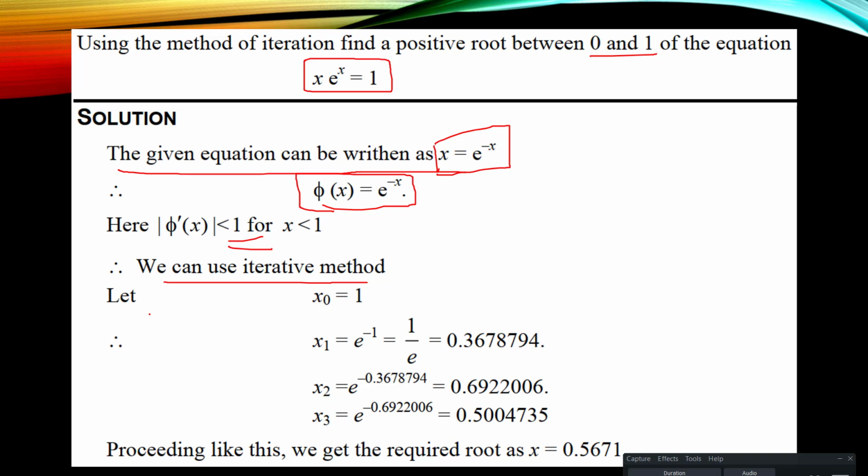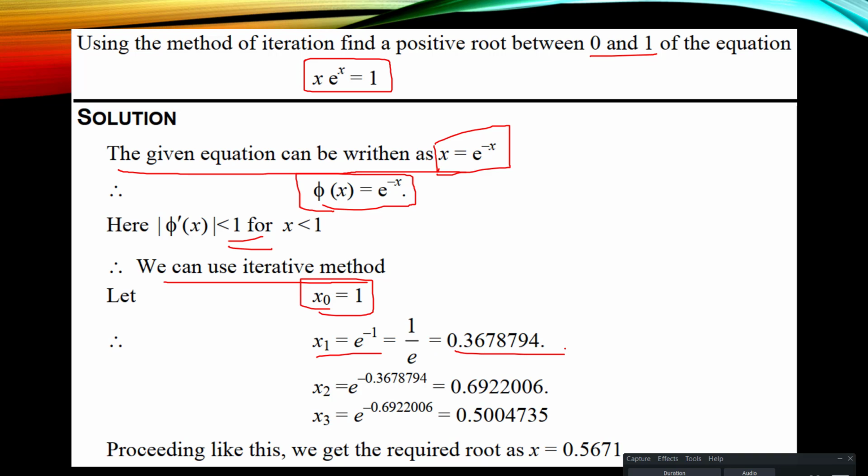First assumption: we put x0 equal to 1, and so when you put x0, you get the first value, x1 is equal to e raised to minus 1, which is 1 by e, 0.3678.